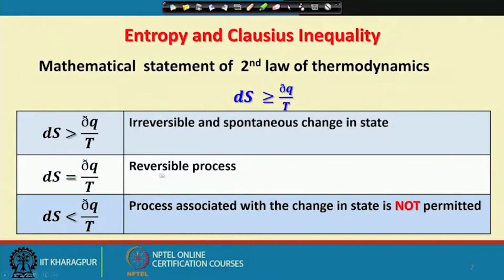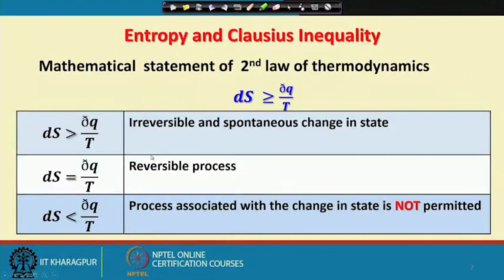So, what happens? A system, when it starts from a non-equilibrium state, changes its entropy dS, and it will go in the direction where dS increases till it reaches the equality that dS is equal to dq by T.